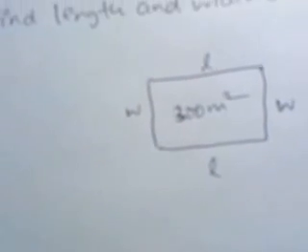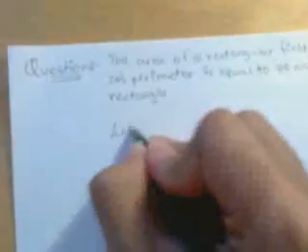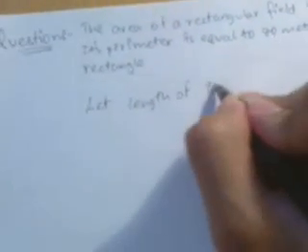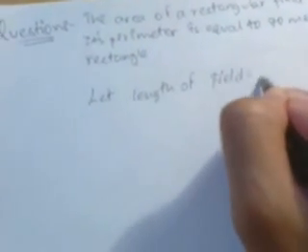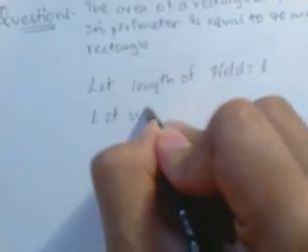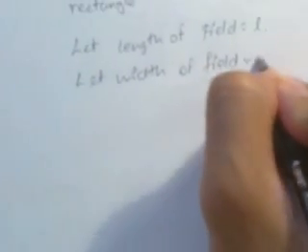So this may be the rectangular field, this is the length, and this is the width, L and W, and this is the area, which is 300 square meters. Let us write our let statements. Let length of field equal L. Let width of field equal W. L meters, W meters.